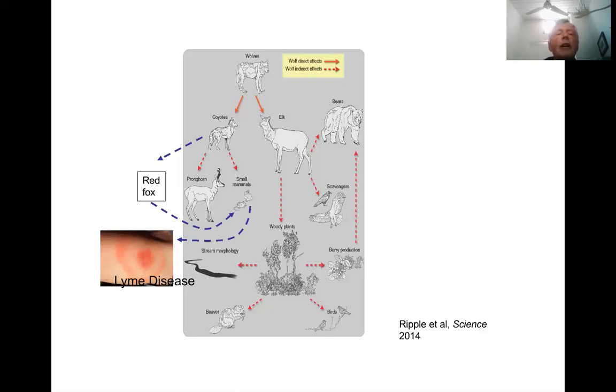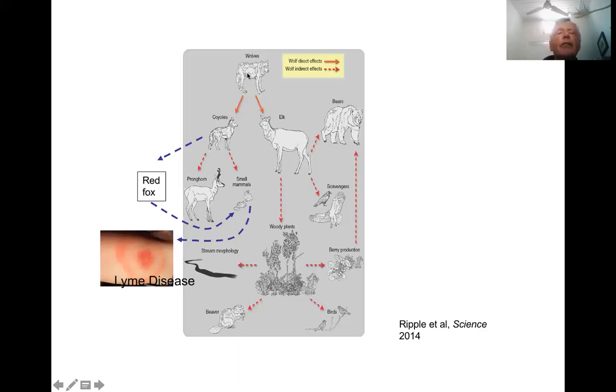The four of them got together and they put together a lot of information, models and empirical information to essentially show that as coyotes changed in numbers, so did the incidence of Lyme disease in the Midwestern up through the Northeastern United States. And this is probably all an epiphenomenon of the loss of wolves from that system.